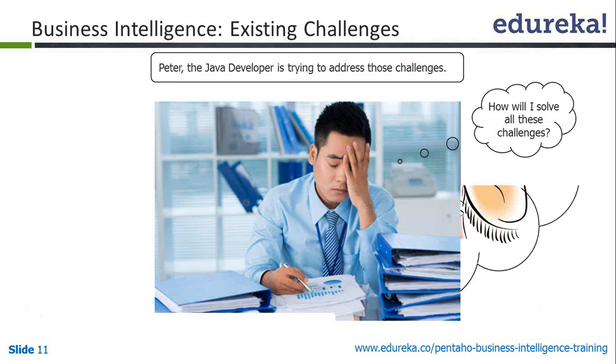So these are the challenges the organization is facing with the existing system, along with infrastructure, integration time and maintenance cost. You need to think of a solution which can cater to all these problems.